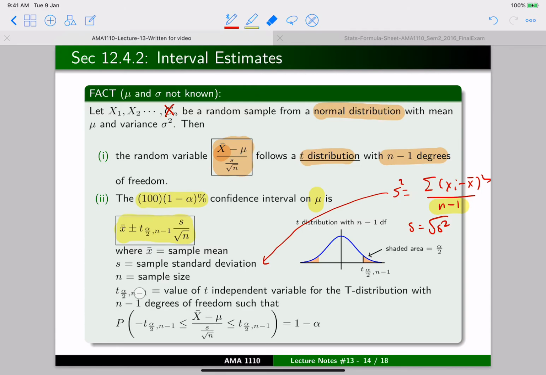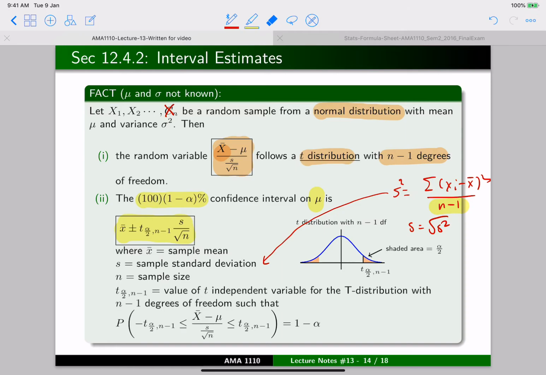And t alpha over 2, n minus 1 is the value of the t variable for the t distribution with n minus 1 degrees of freedom, such that the probability that this normalized random variable is between minus t alpha over 2 and t alpha over 2 is 1 minus alpha. This t alpha over 2 plays the same role as the z alpha over 2 in the normal distribution.